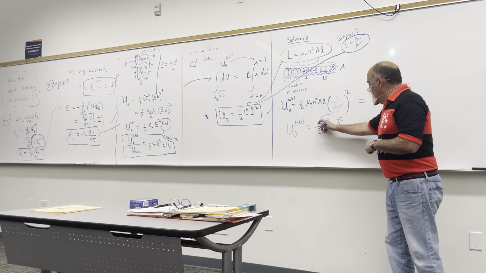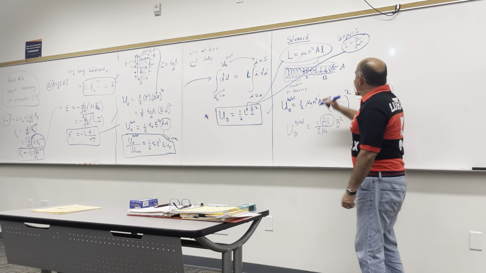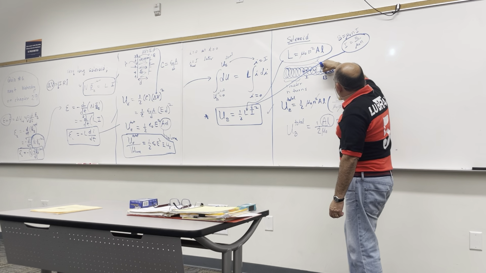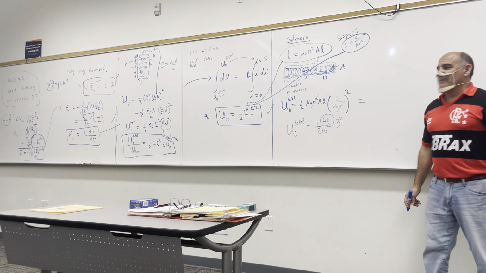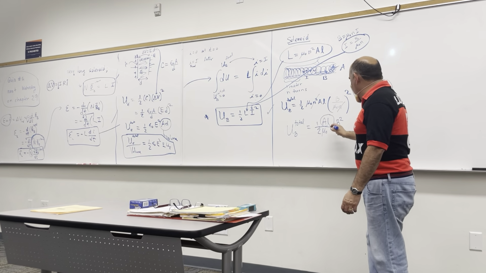But what is this? What is the area of one of these loops multiplied by this length? Volume. That's the volume inside the solenoid, right? That's the volume of the solenoid.